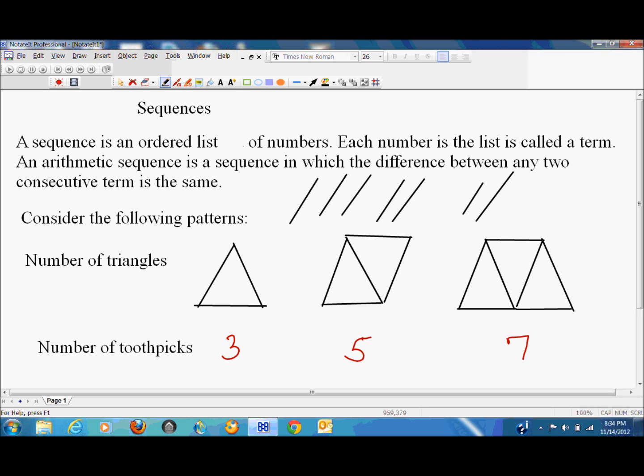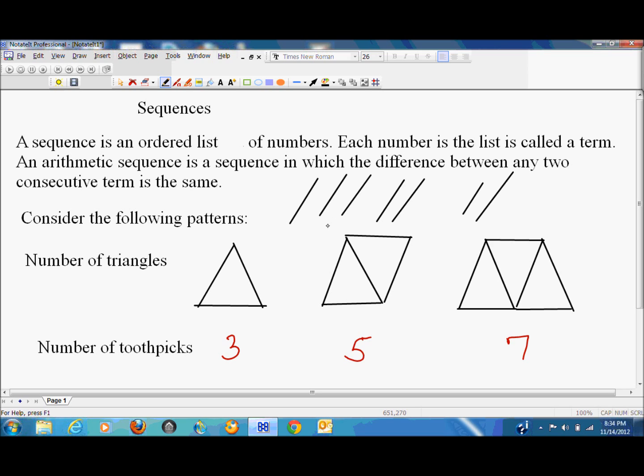If I continue this same pattern for 4, 5, and 6 triangles, how many toothpicks would I have?